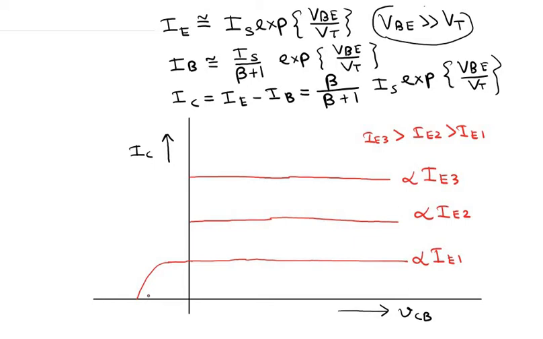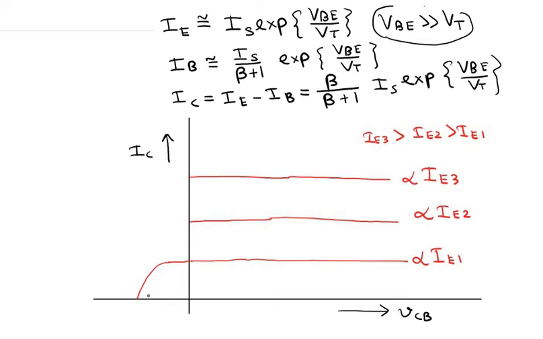If the electric field at the base to collector junction gradually decreases, it would no longer be able to pull the electrons that reach the depletion region by diffusion. Just as we stated when we discussed the transistor action, in an NPN transistor, electrons are injected from the emitter into the base, and then these electrons diffuse through the base to reach the depletion region of the base to collector junction.